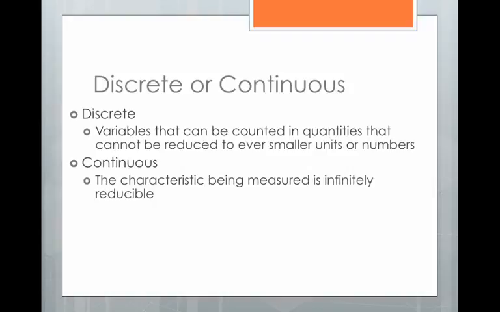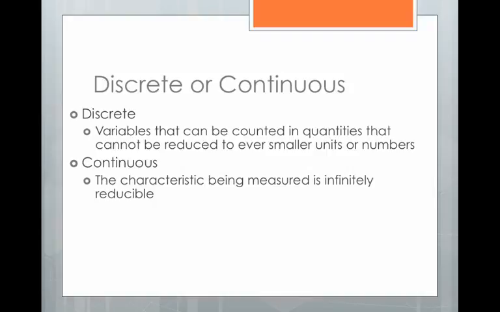And so you can have pieces and portions. An example of a discrete variable would be number of brothers and sisters, because you can't have half a brother or sister. You either have one or you don't have one. It's not reducible. Those numbers 1, 2, 3, those are discrete. There's no line that connects them.